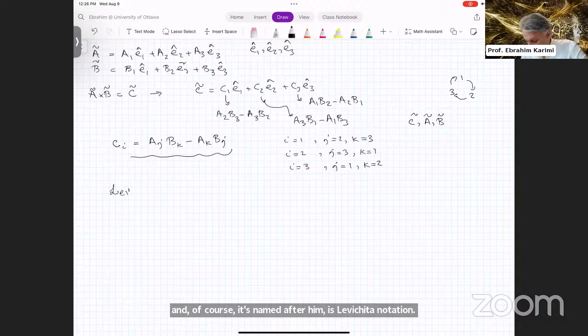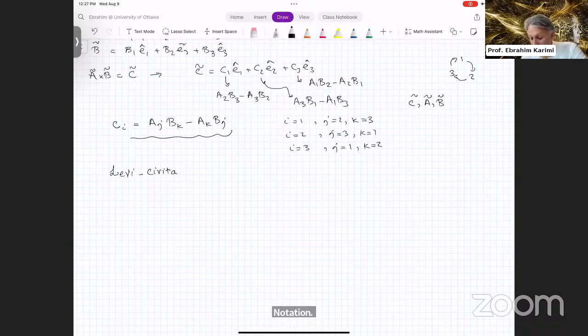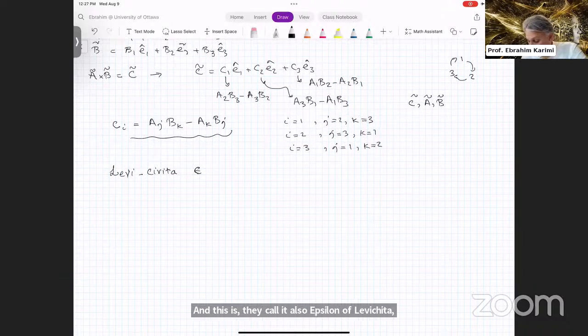They also call it the epsilon of Levi-Civita, or Levi-Civita symbol, which is epsilon, and has 3 indices, I, J, and K. This can be defined in a 2-dimensional way, a 3-dimensional way, or an n-dimensional way, and it is, by the way, a tensor, not a vector. Later on, we will discuss the tensor quantity.